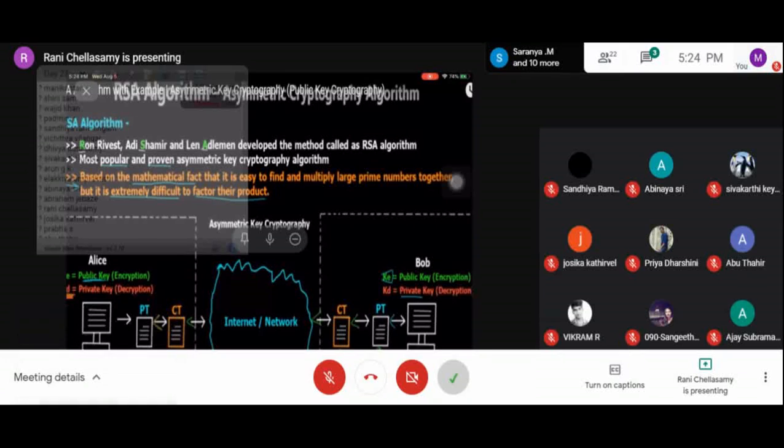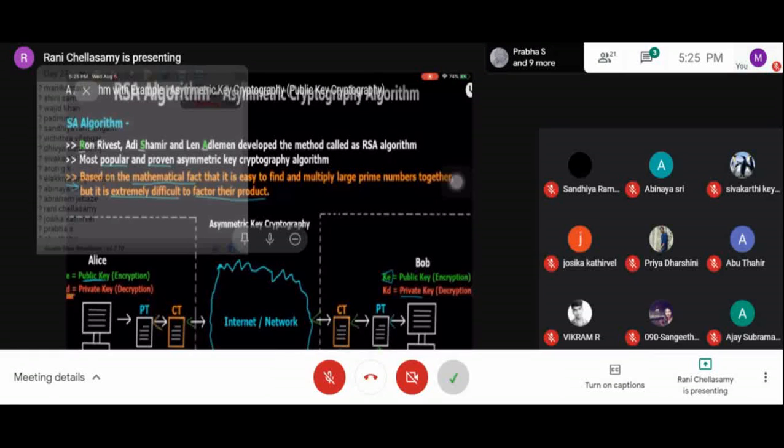Coming to the advantages of RSA: the implementation is very fast. We can implement the RSA algorithm quickly, and it is a very simple encryption methodology, with verification also. It is easier to implement than the elliptic curve cryptography algorithm, ECC, which is another asymmetric key cryptography algorithm.